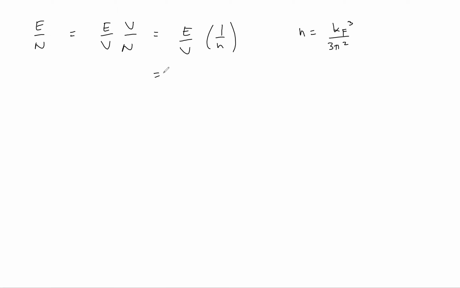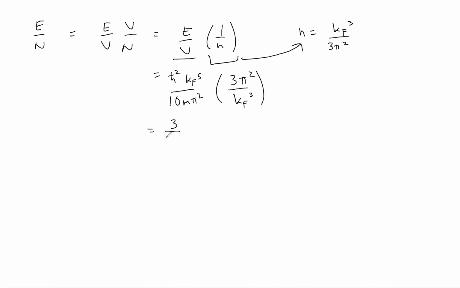So using our result for the total energy per volume, as well as our previous result for the density in terms of the Fermi wave vector, we have that the energy per particle is h bar squared kf to the 5th power divided by 10 m pi squared times 3 pi squared over kf cubed.